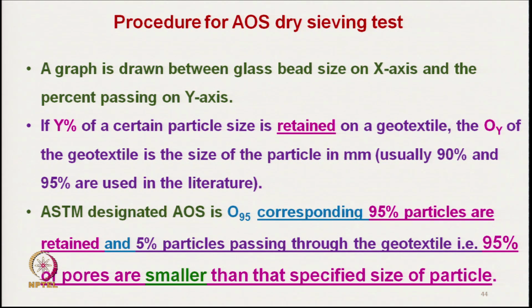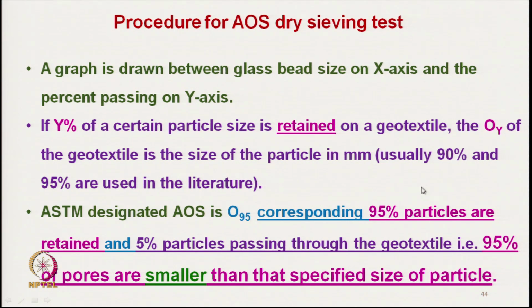So, if y percent of a certain particle size is retained, we will measure what is the percent retained. That means all the pores that are retained are smaller than that size. So, if y percent of a certain particle size is retained on geotextile, then Oy of geotextile is the size of the particle in millimeter.